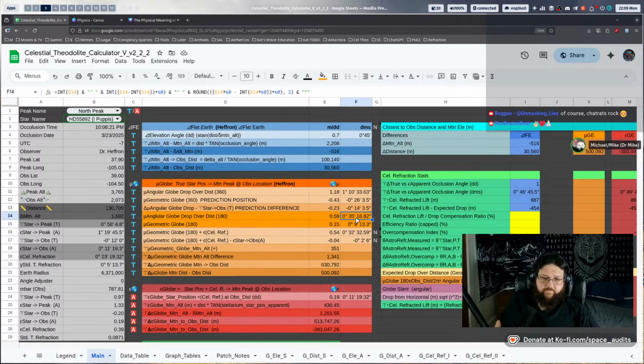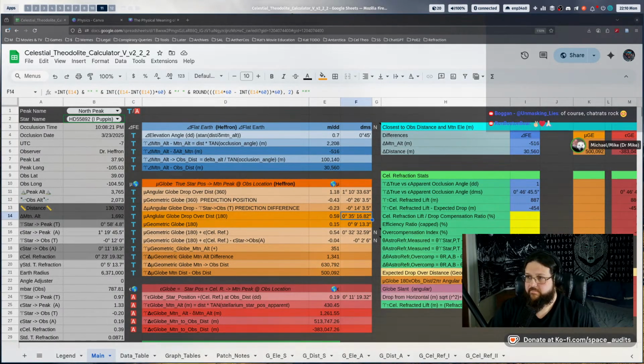Okay, so what you can do, Jesse, is calculate the altitude that corresponds to that angle, and then subtract from that what you predict the apparent height of the mountain is, which is off by half the distance angle.